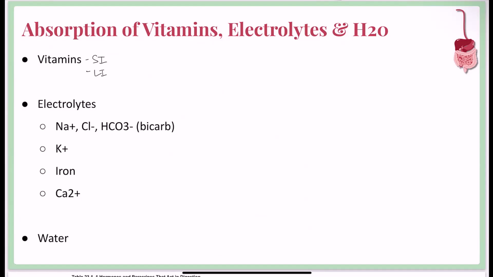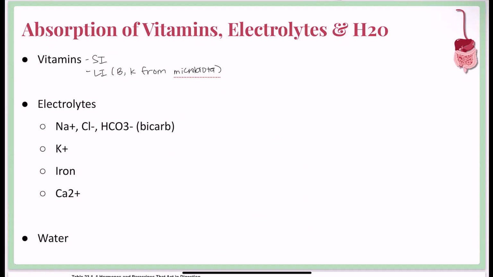The large intestine also absorbs a lot of vitamins, but it's mostly just the B vitamins and the K vitamins from its bacteria, from the microbiota. If vitamins are fat soluble, they get involved in those fat micelles we were just talking about. So they become tiny and then we can absorb them.